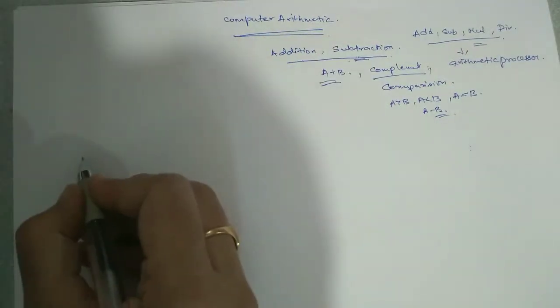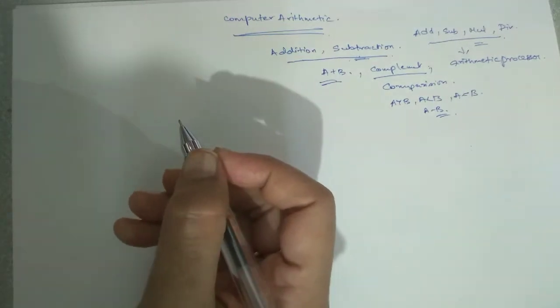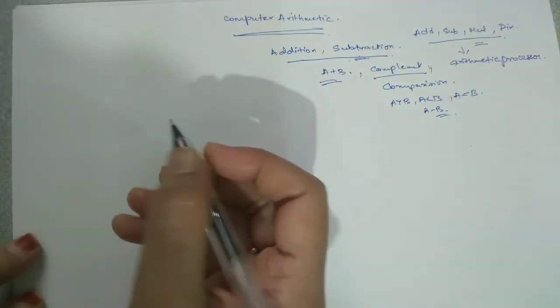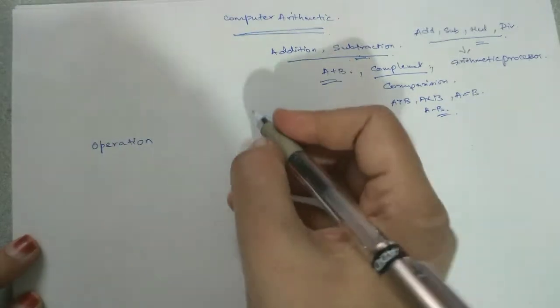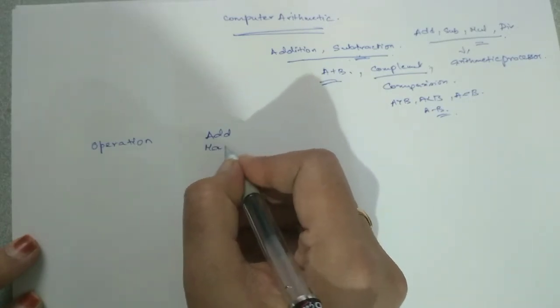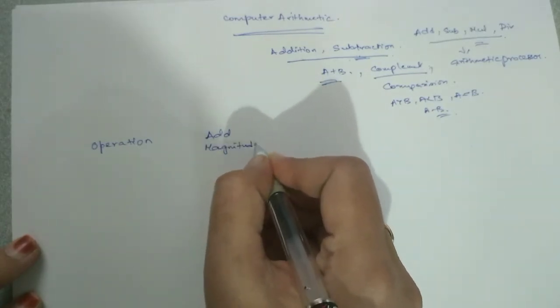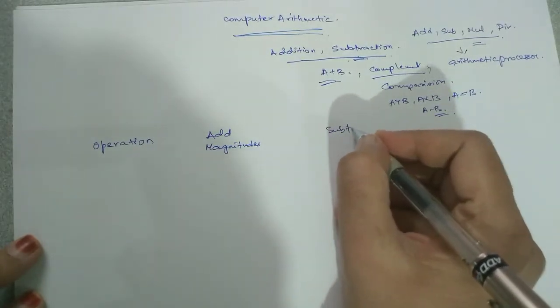So now we'll see the table, the different operations which are performed for signed magnitude. The operations are add magnitudes and subtract magnitude.